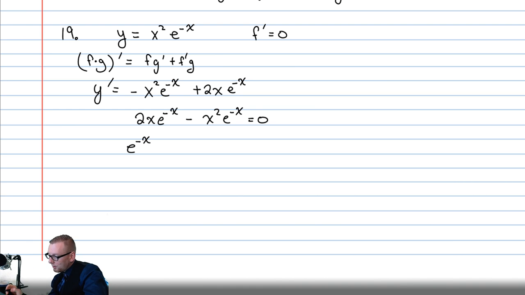So it would be increasing if 2x e to the minus x is greater than, I guess I should say or equal to, but technically just greater than, x squared e to the minus x.